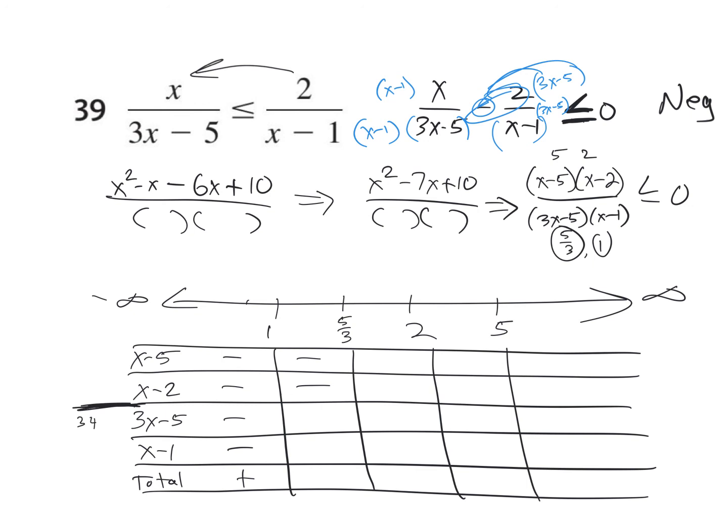See what I did there? Because I knew 4/3, the 3's would cancel. So 4 minus 5 is negative. And then 1.3 minus 1 is positive. Okay, altogether, that's a negative. That's what we want. So from 1 to 5/3, that's shaded.